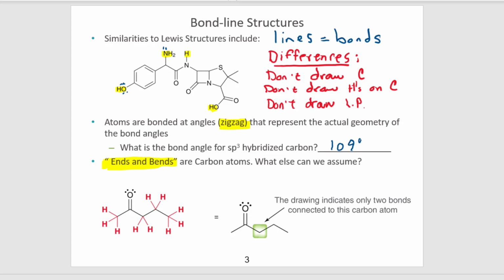Why? Because if you're moving quickly and you look at that carbon, and I ask you for the hybridization or the geometry, a lot of students will say, oh, it's bent. But that's not the case here. Carbon doesn't have 2 bonds. It has 2 more hydrogens off of it that are assumed. Therefore, there are 4 electron domains, or electron clouds, around it. And the way to orient 4 electron clouds is sp3 tetrahedral.